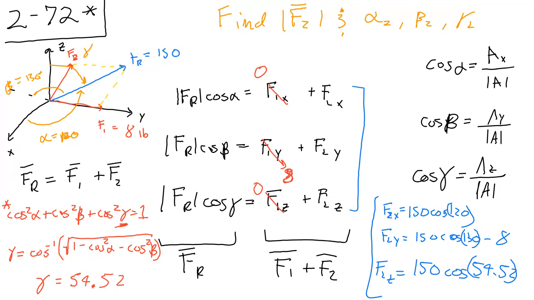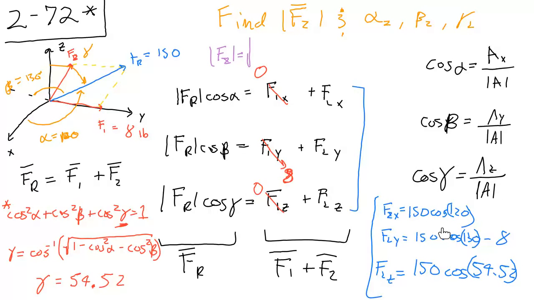Okay, so now I can still find the magnitude. Whenever we want to find the magnitude of something, we square each one of the components and add them up, take the square root over all of it. So F2 is going to be equal to the square root of, well, you get the idea, right?